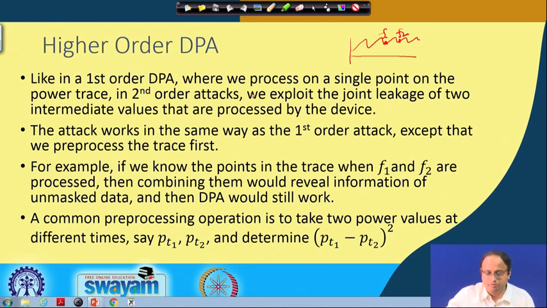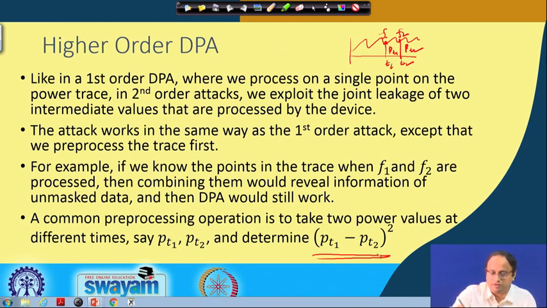Suppose I observe the power consumption here, and the power consumption here, where at this point it is say PT1, and the power consumption here is PT2, because these are two time instances T1 and T2. Okay. Then I will combine these values, for example, as (PT1 minus PT2) whole square. Okay.